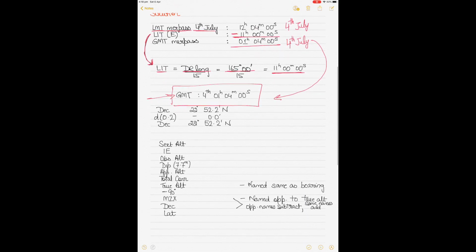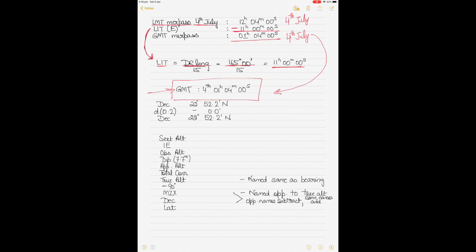After that, you still work the question normally as you would and find out the declination of the sun. You find the declination by going back to the nautical almanac for 4th of July, 1992, the almanac I'll be using, and for 01 hours you find the declination value. At the bottom of that column, which I'll show you very soon, the D value will be given.